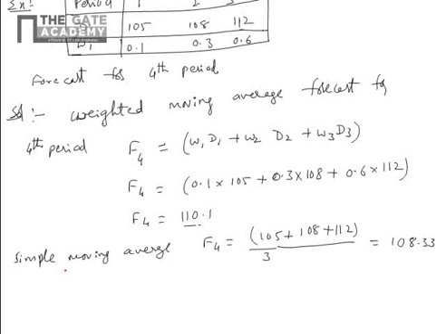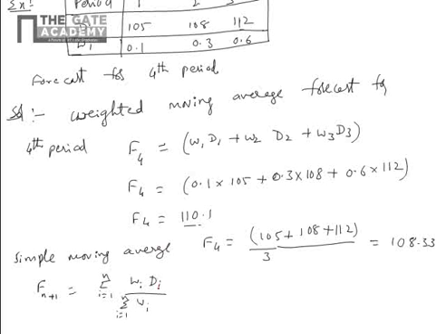If it is more than one, then you need to think of another formula, like, for example, in the same one, the forecast for n plus 1 equals sigma i equals 1 to n of wi di divided by sigma i equals 1 to n of wi.